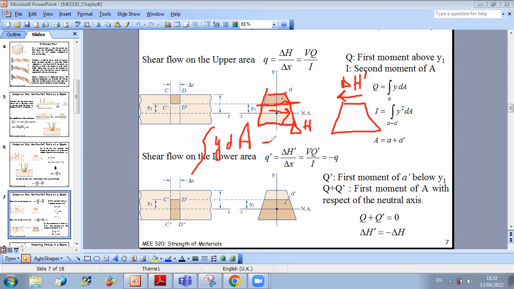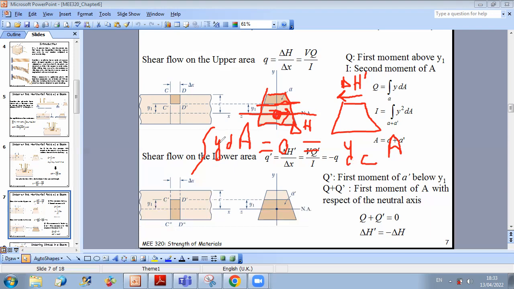Why is it equal to 0? Because we know that integral y dA of an area is y centroid times total area. But here y is measured from the neutral axis, so the origin of y is on the neutral axis. Since the centroid is on the neutral axis, integral y dA for the whole area is 0.